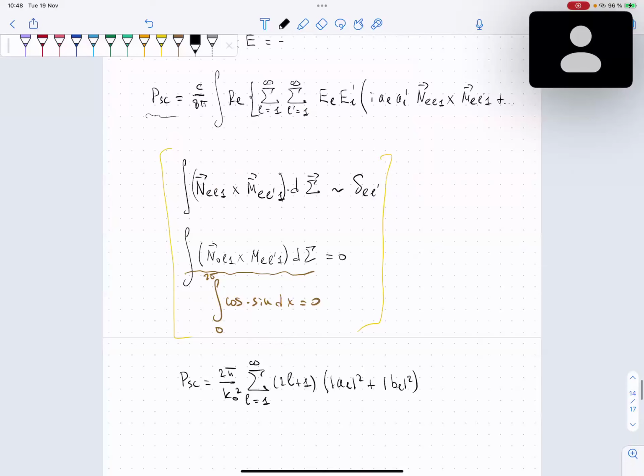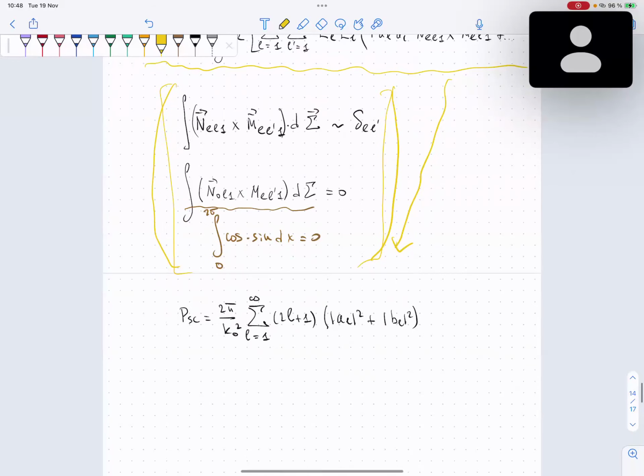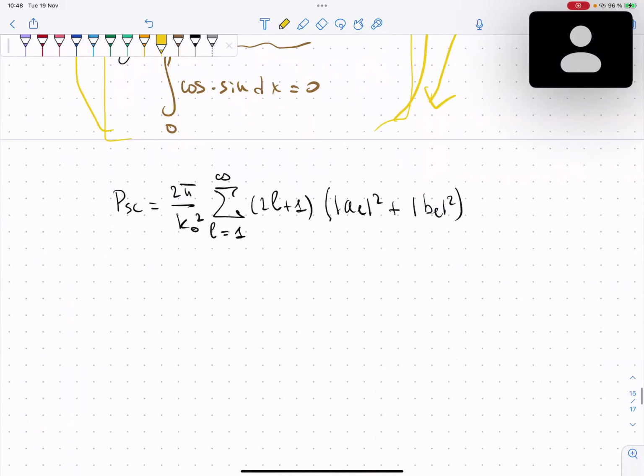This follows from this big expression. After we calculate all of these integrals, we will get this very nice expression.